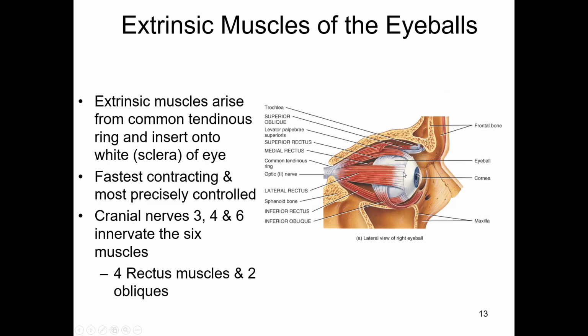The insertion is always the sclera. The tendons of these muscles fuse with the sclera, and this is how these muscles can tug the sclera up or down, and together with that, of course, the entire eye. We have 4 rectus muscles and 2 oblique muscles that move the eye. Cranial nerves 3, 4, and 6 bring nerve impulses to these muscles.